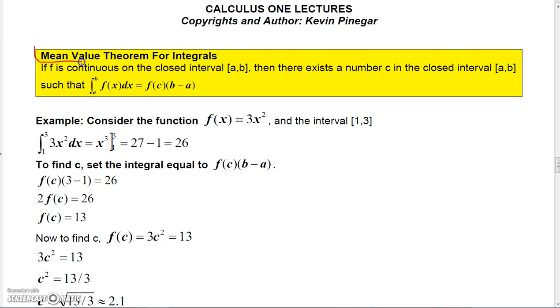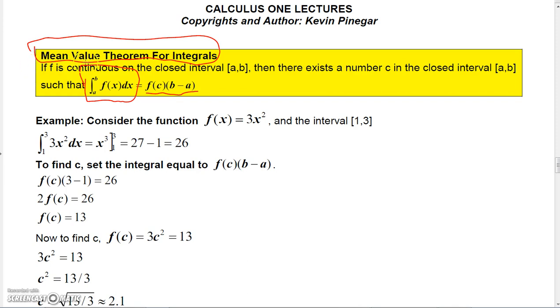Now, there's a mean value theorem for integrals, and it basically goes like this. If f is continuous on the closed interval from a to b, then there is a number c in the closed interval such that the integral from a to b of the function equals f of c times b minus a.